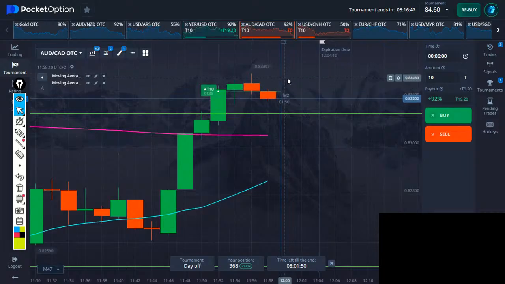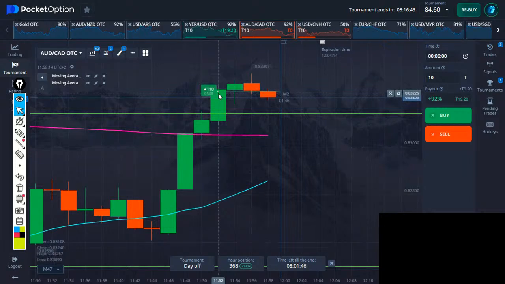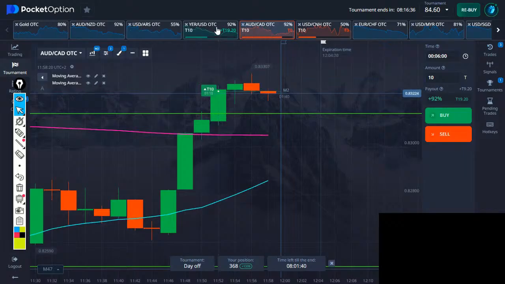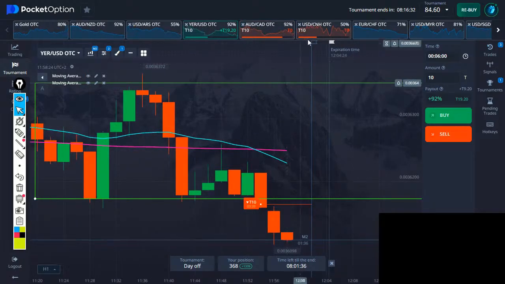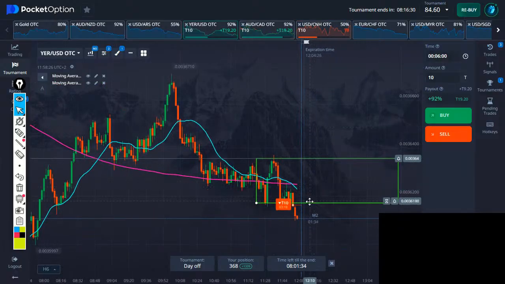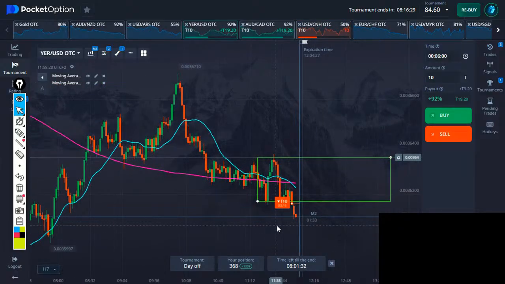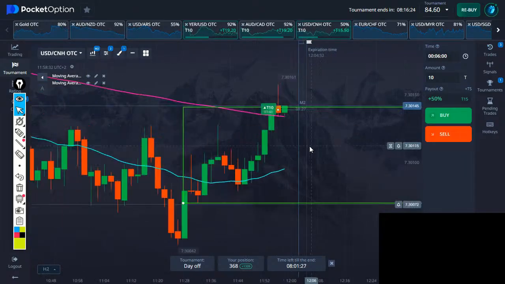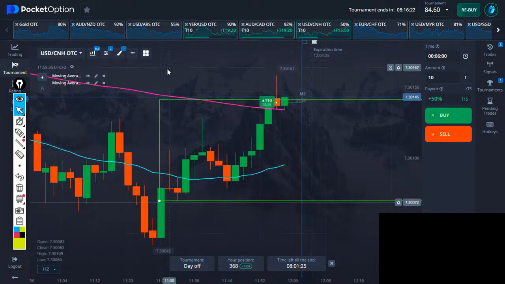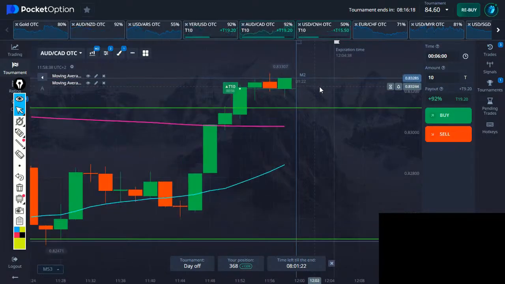Okay, 1 minute, 20 seconds left. Beautiful. All our trades are working very nicely. Beautiful push.